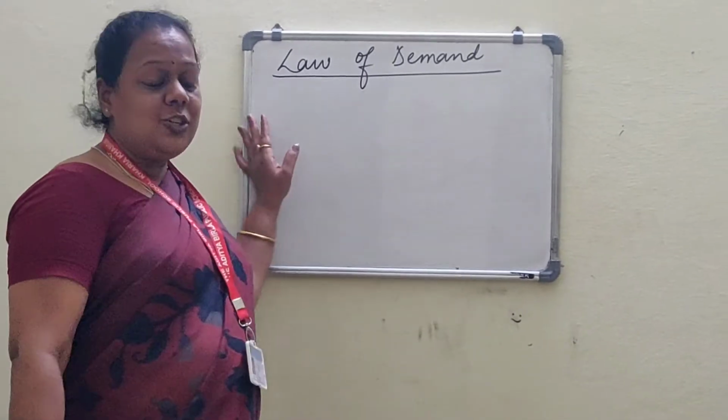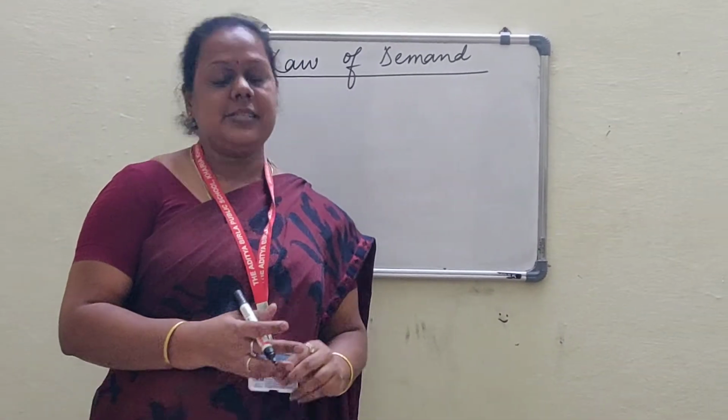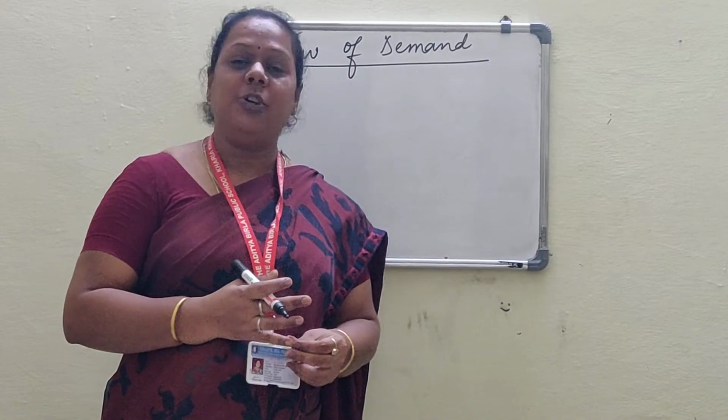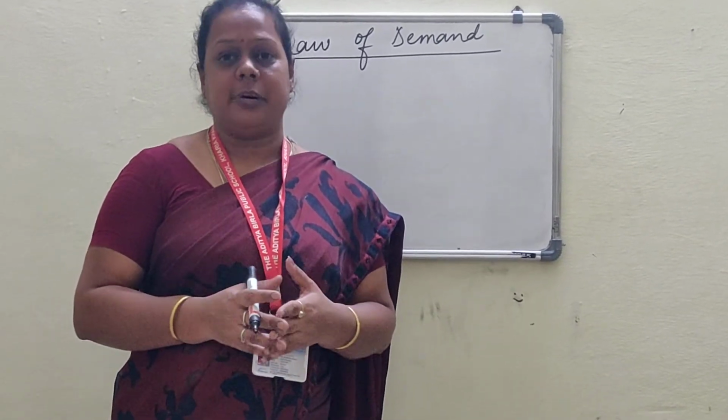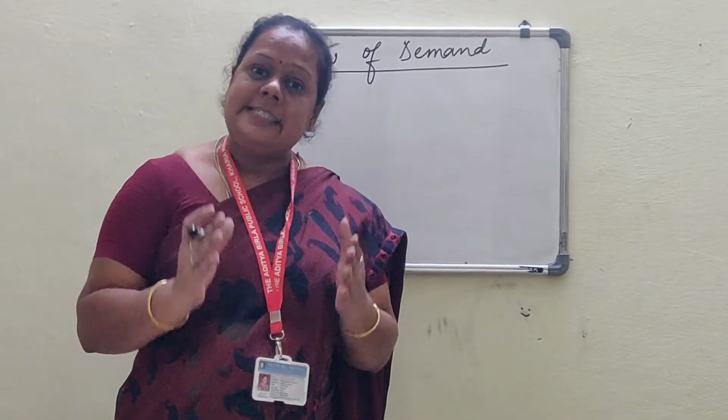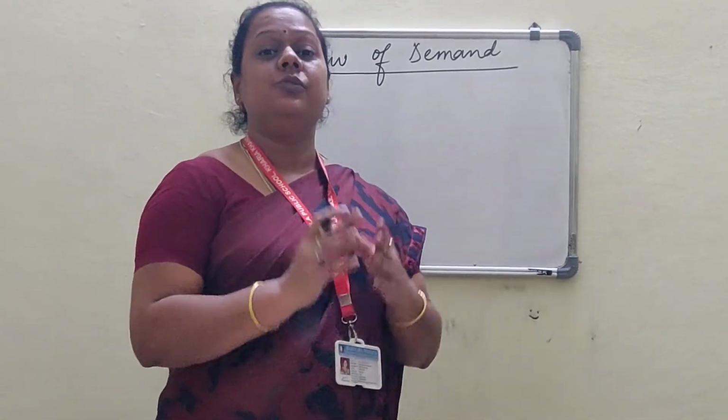Now when we talk about law of demand, this is very important and an important topic for this chapter. What is law of demand? First I am giving you the formal definition.